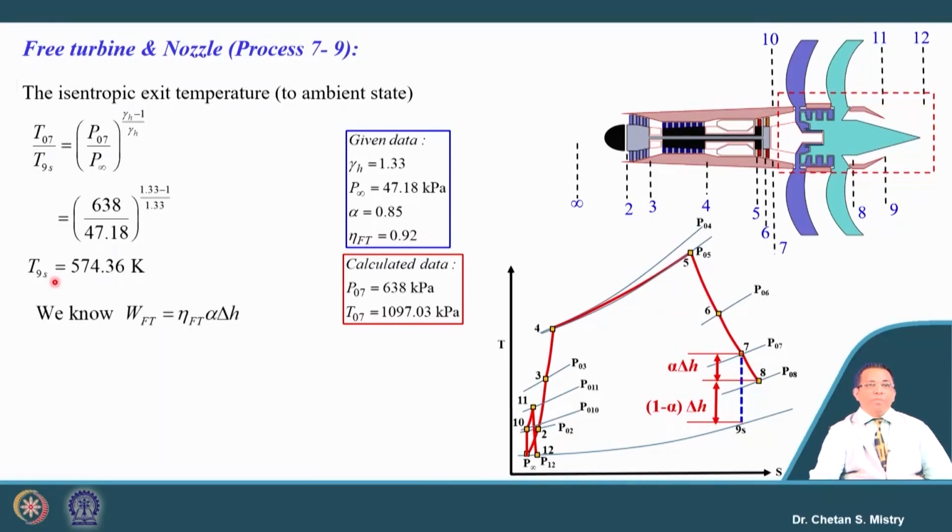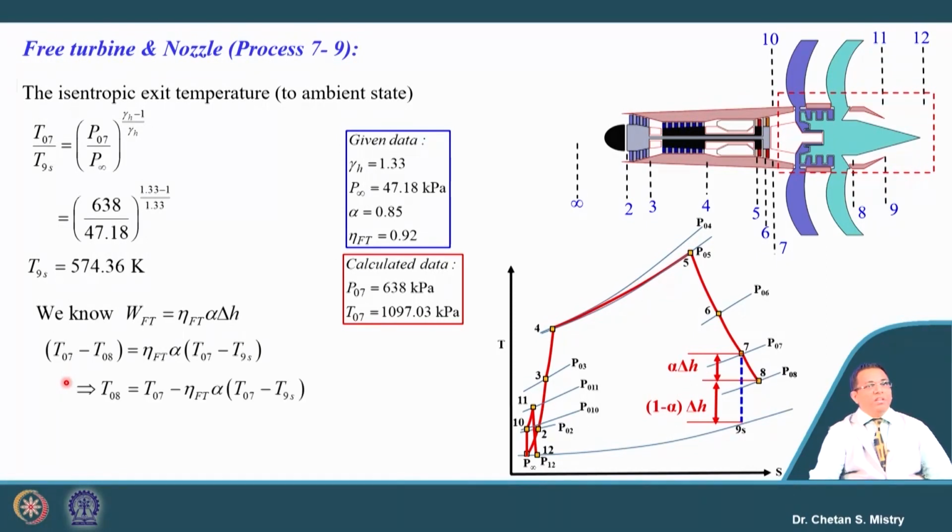Now, we have information in terms of the work developed, which can be written in terms of the efficiency of the free turbine into alpha into delta H. This delta H can be represented as T07 minus T09s, and the free turbine work we write in terms of T07 minus T08.